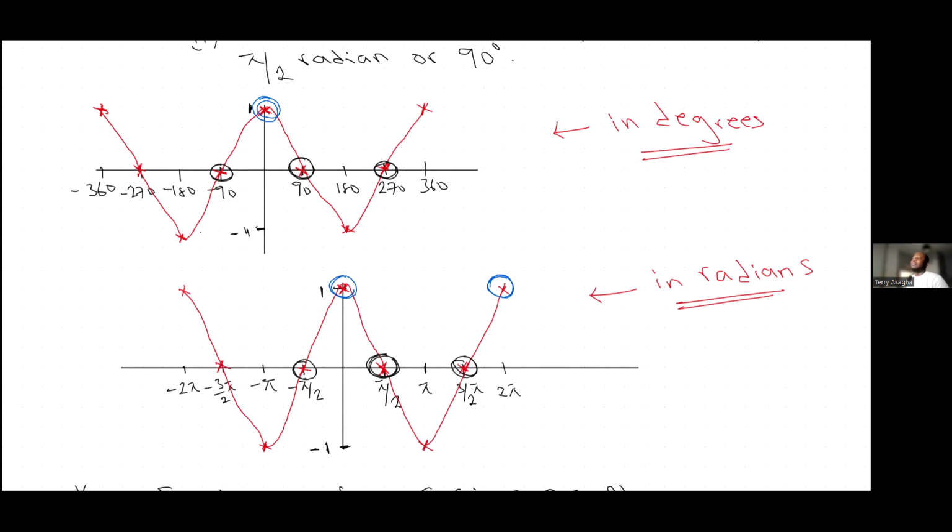The same here: the maximum value is 1, and when you add 360 to 0 you get 360, then 720 and the rest. The same thing happens to the minimum value at 180 degrees: you keep on adding 360 or 2 pi after that.